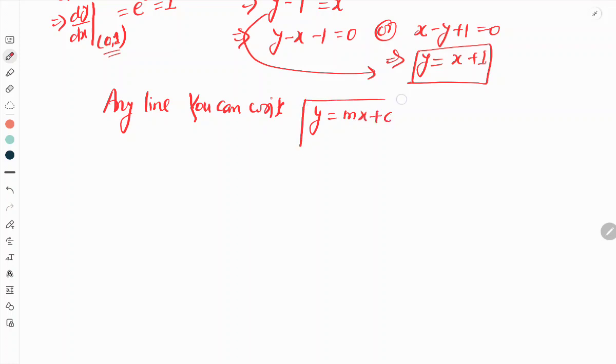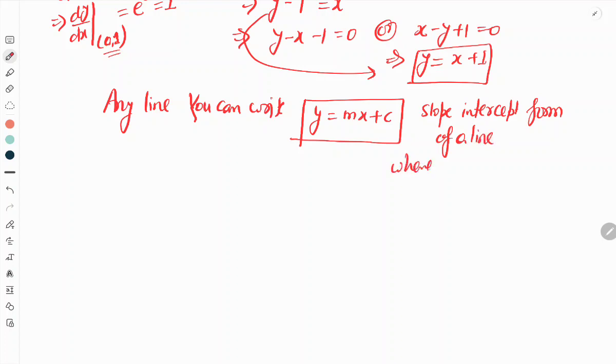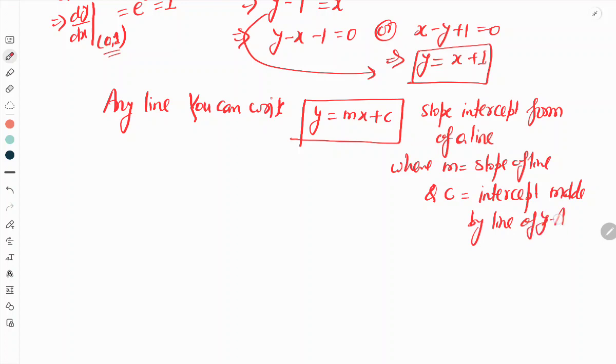This is called the slope intercept form of a line, where m equals the slope of the line and c equals the intercept made by the line on the y axis.